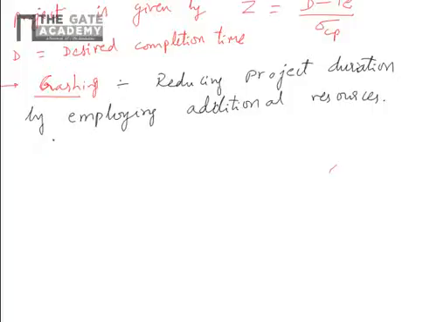In crashing, you need to crash an activity which has the least crash cost slope.